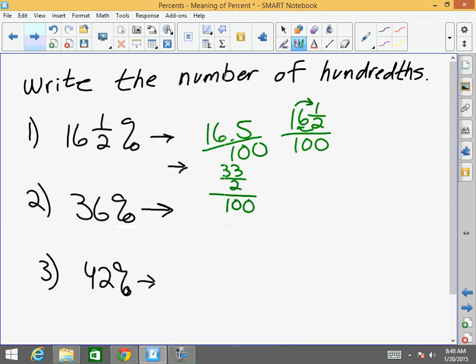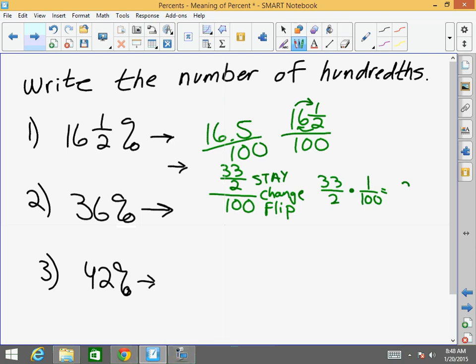And then how do we divide fractions? What's the song? Stay, change, flip. Stay, change, flip. So stay, change, and flip.